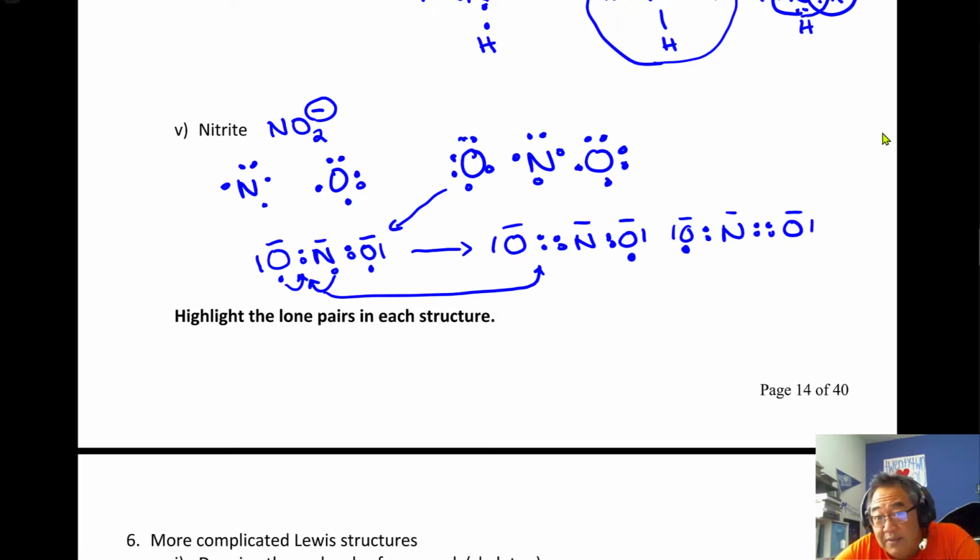When you're drawing these, by the way, you'll recognize, oh, I'm going to have to add an electron somewhere. But I wanted to point out you can draw the whole thing without drawing in the extra electron. This oxygen has 7, and it needs 1 electron to get to an octet. It's this add an electron step that you have to do at this point.